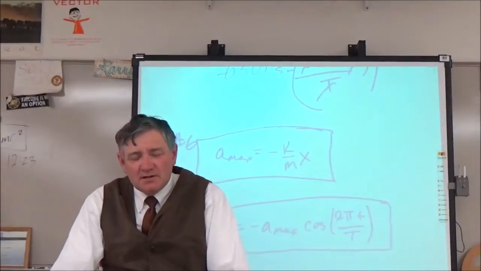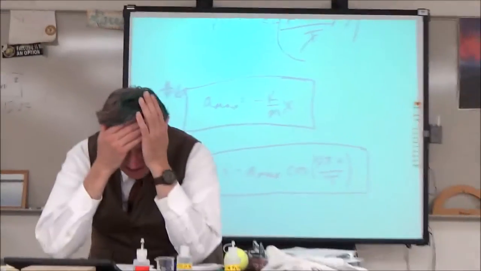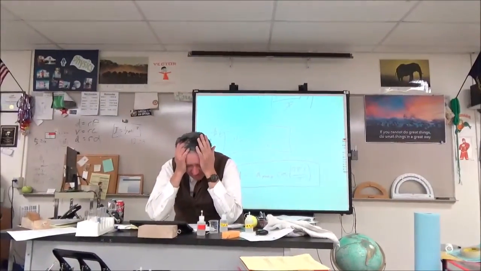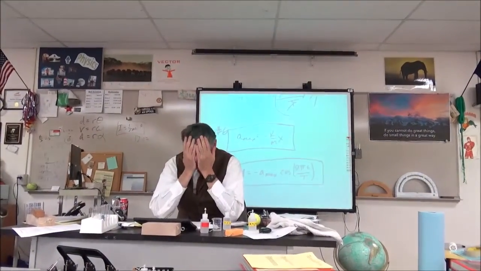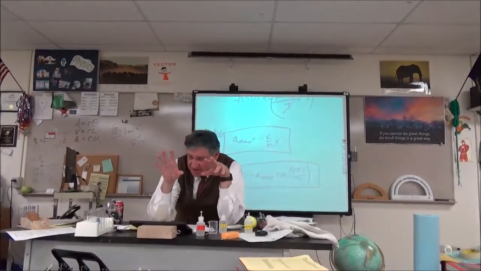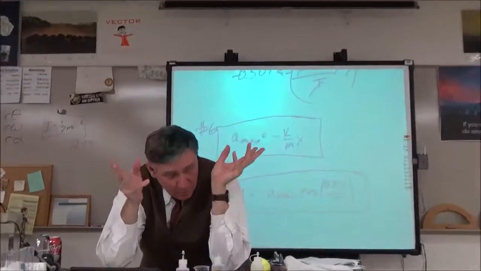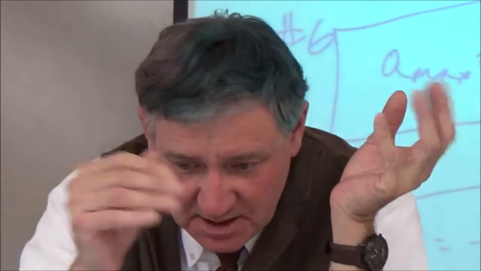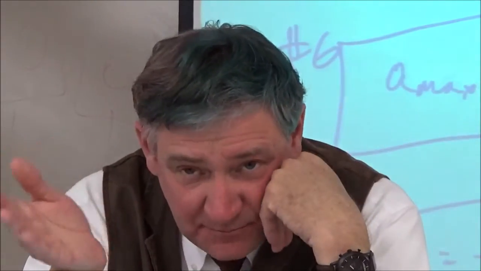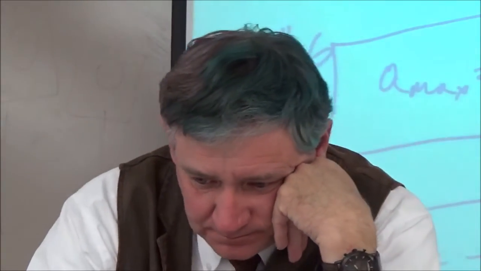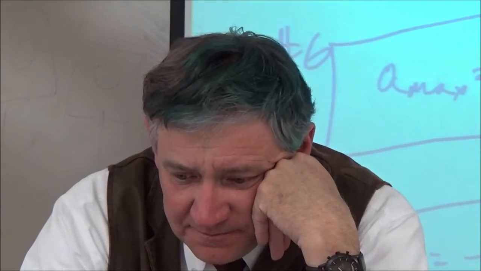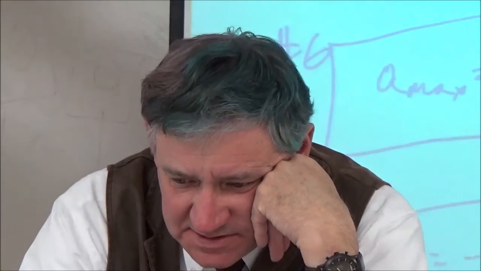Okay, so let's talk about this next equation, A max equals negative kx over mx. This one's going to change depending upon what your k values are. If you look at the units, you have that k value, which is newtons per meter, and then the mass in kilograms, and then that x, which is some position in meters.